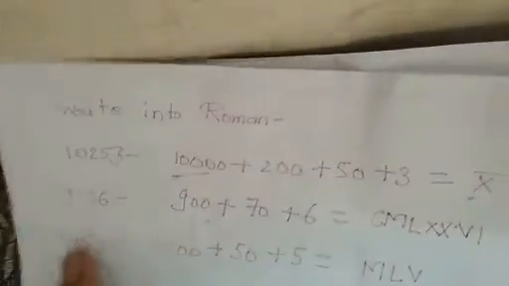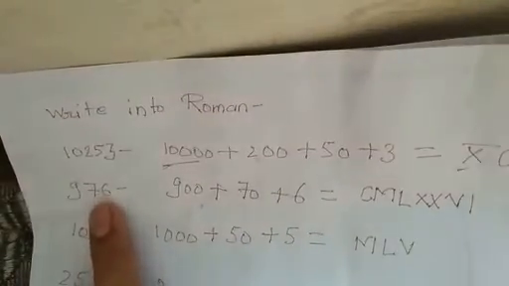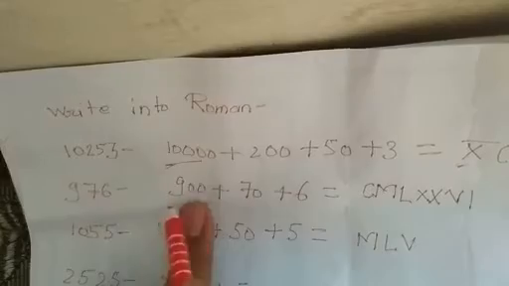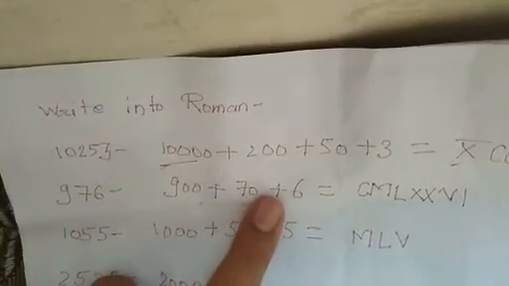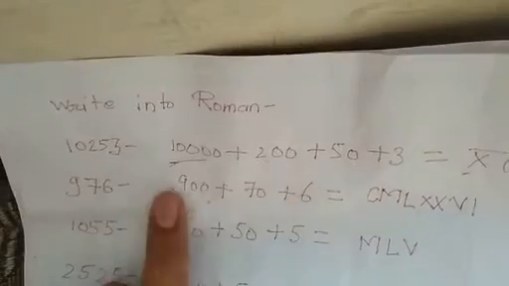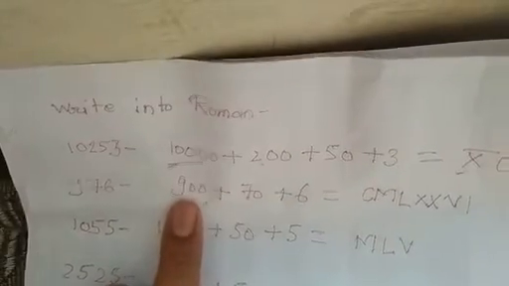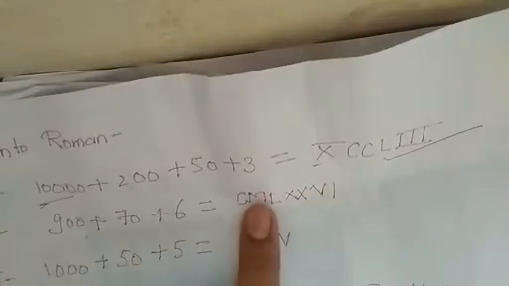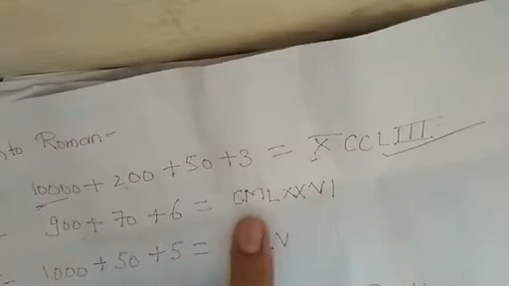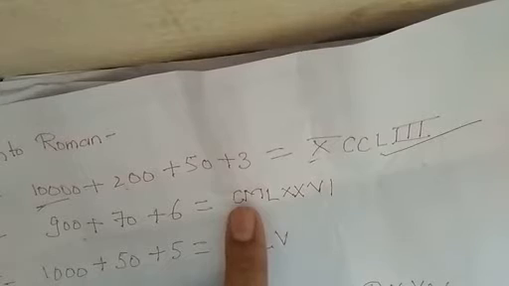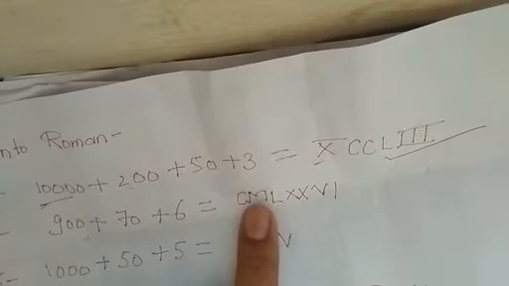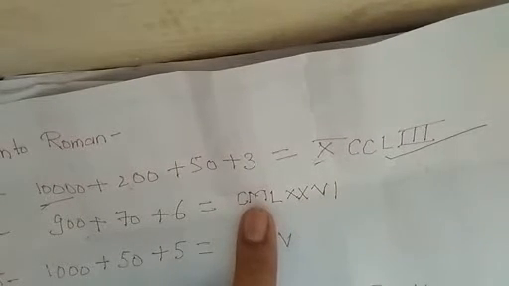Next is 976. It is very simple. At first you write it in the expanded form 900 plus 70 plus 6. Okay. So what is the Roman number of 900? What is the Roman number of 1000? M. And you subtract 100. 100 subtracted from M, so you will find your answer is 900.